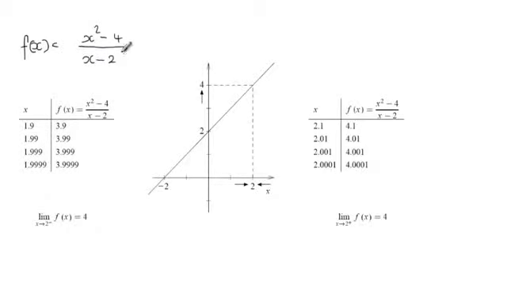Now, if we were to sit down and try to evaluate this function so that we can get the points on the graph, we can see that if we evaluate the function at 2, we'll get 2 squared minus 4 over 2 minus 2, which will give us 0 over 0.